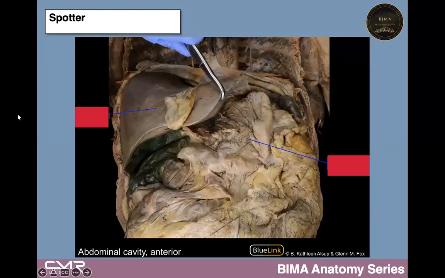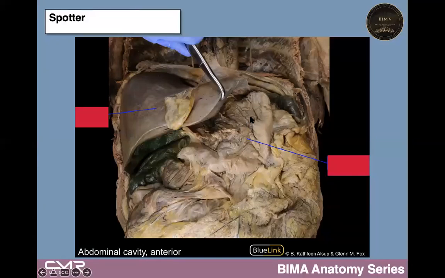So I think the easiest way in spotters to identify where things are, I know it's relatively simple to the naked eye, but sometimes it can be a bit messy depending on your cadaver. The way that I usually try and identify things is by trying to find the spleen first. And then I know that from the spleen, if I keep tracking medially, I'm going to reach the stomach.